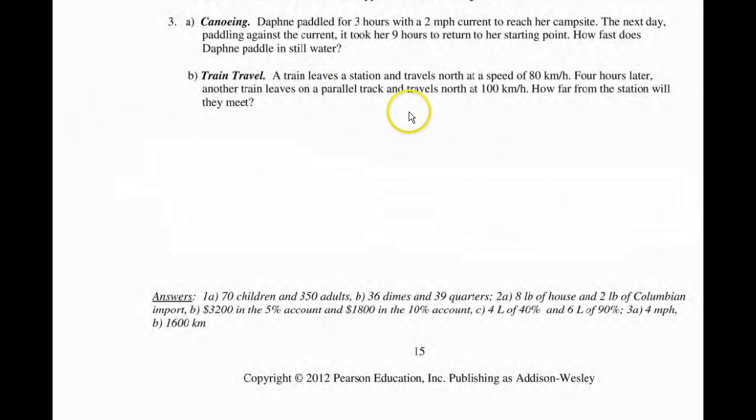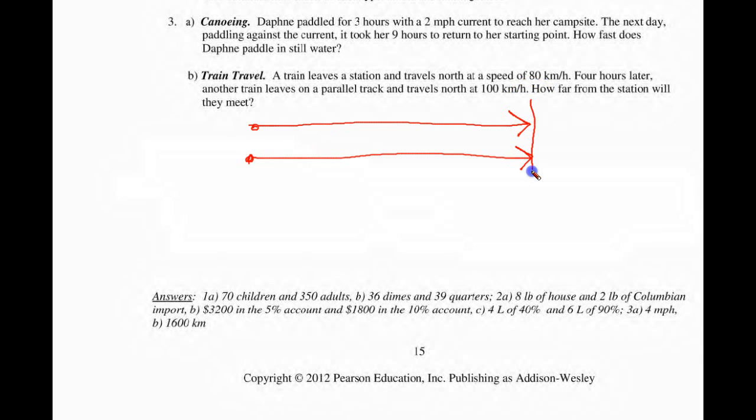Now the last one is train leaving a station. Again, a diagram would be in order. And then the other train leaves the station, traveling in the same direction, and they're going to end up the same distance when it catches up. So here this train is leaving at 80 miles per hour, that's its rate.